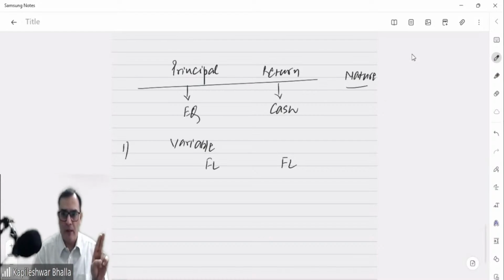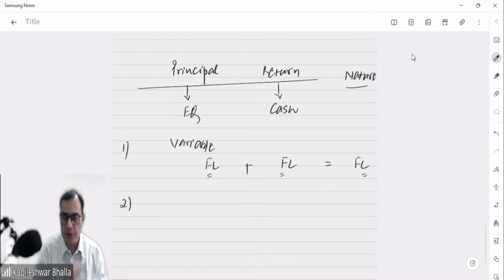So FL makes it FL. I hope I'm clear. So when you issue a variable number of equity shares to discharge the principal element, and you pay the return in cash, both the components are financial liability, and the overall instrument becomes a financial liability.